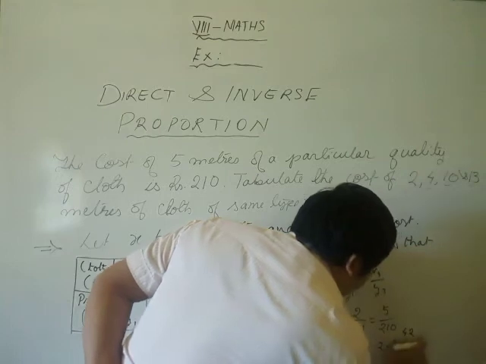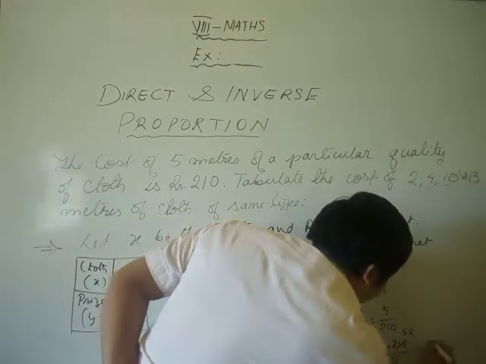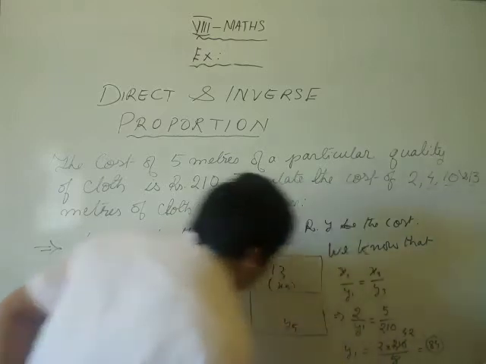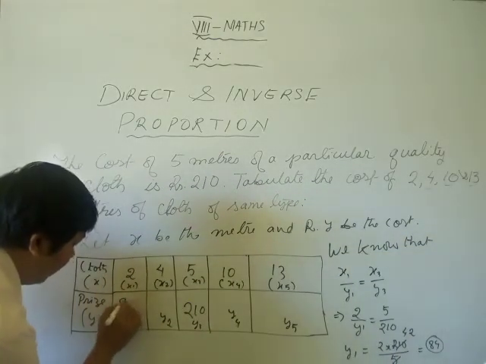And 42 into 2, how much do we get? 84. That means here we get 84.